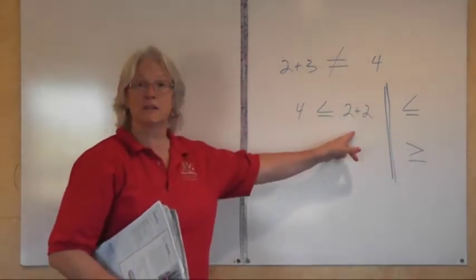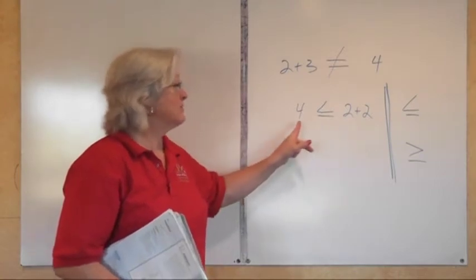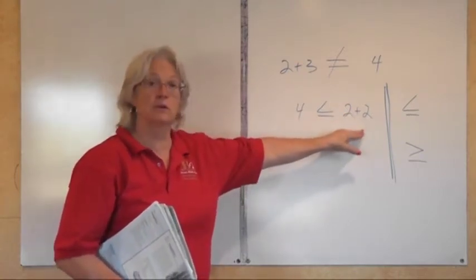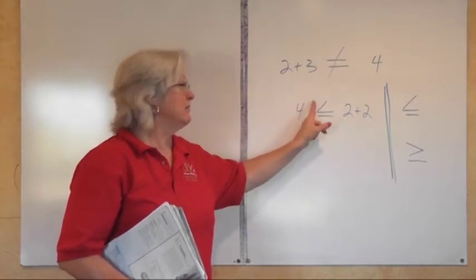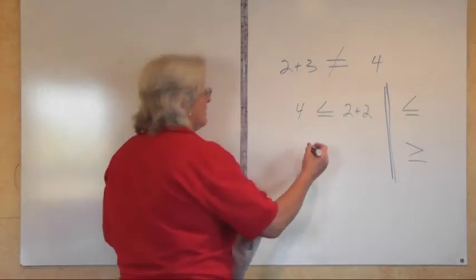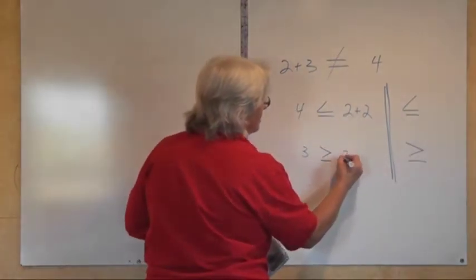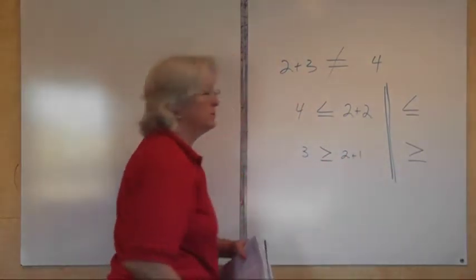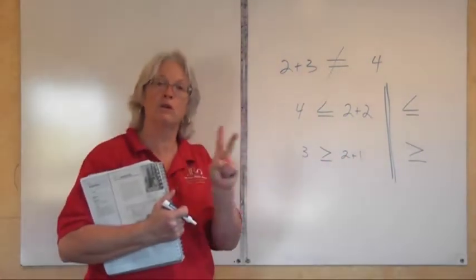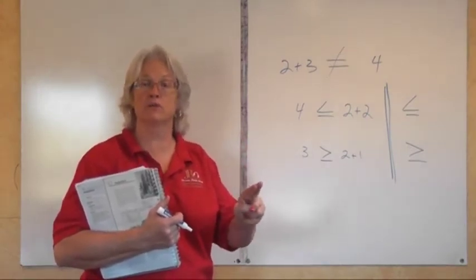Well, is 4 less than 2 plus 2? No, it's not. But is 4 equal to 2 plus 2? Yes. When you have that or connector in there, only one of the statements has to be true for the entire statement to be true.